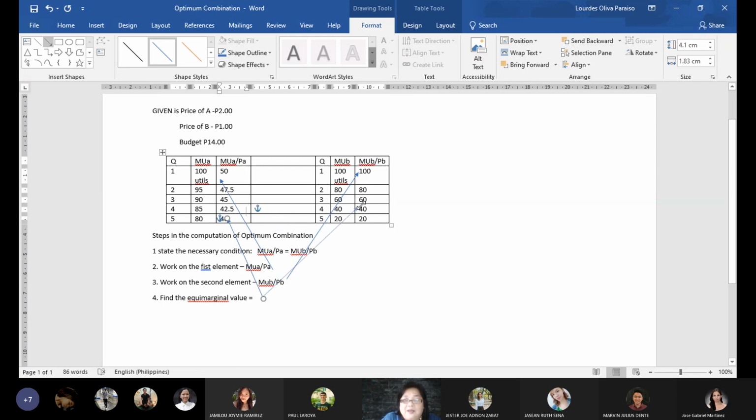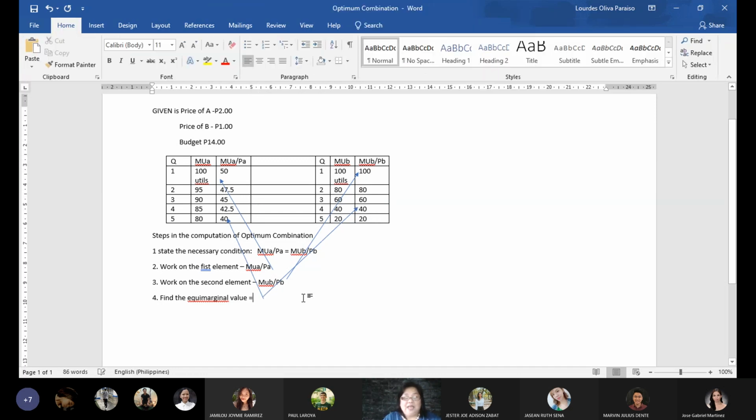There. Did you get it? So, what is the equimarginal value? It's equals to 40 utils. Get that? So the satisfaction level now, if you're going to have your optimum combination, you will have 40 as your equimarginal value.